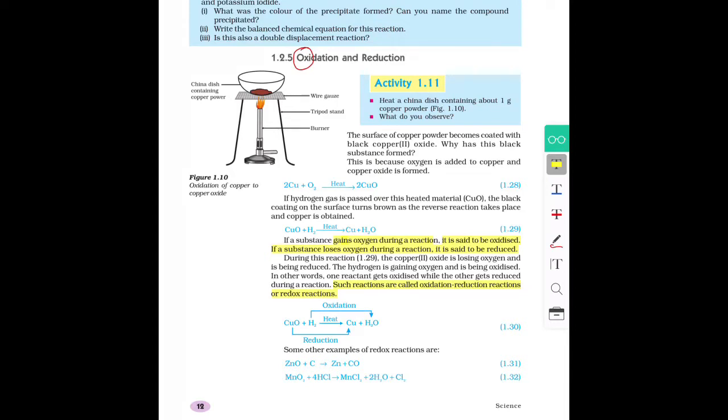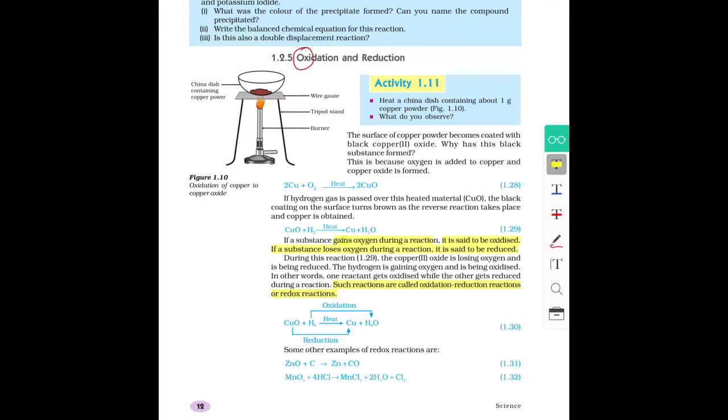Here we can clearly observe that in CuO, oxygen is removed and oxygen is added to hydrogen. So, if oxygen is removed or becomes less, can you tell me what type of reaction it is? Yes, you can say if any substance takes up oxygen, then you can call it oxidation.